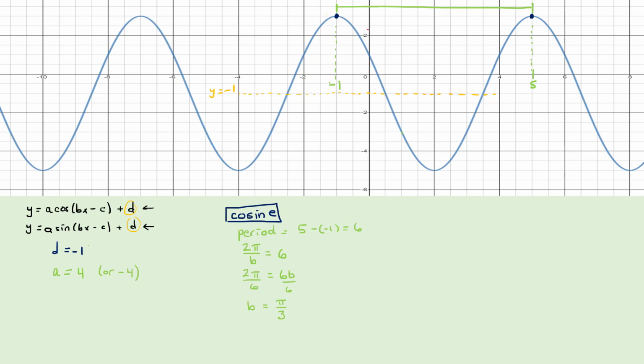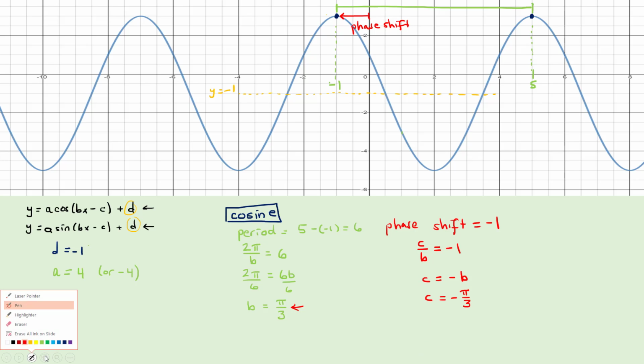So our phase shift is negative 1. Using the formula for phase shift, c divided by b equals negative 1. In other words, c equals negative b, and b is pi over 3, so c equals negative pi over 3.